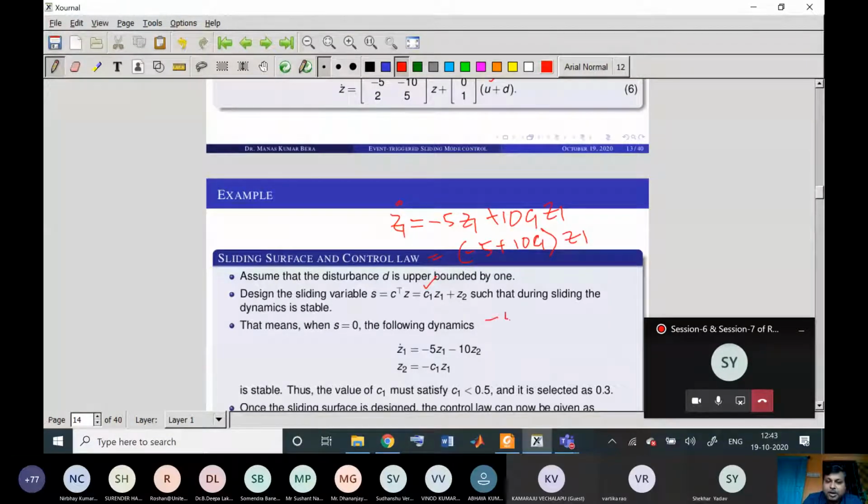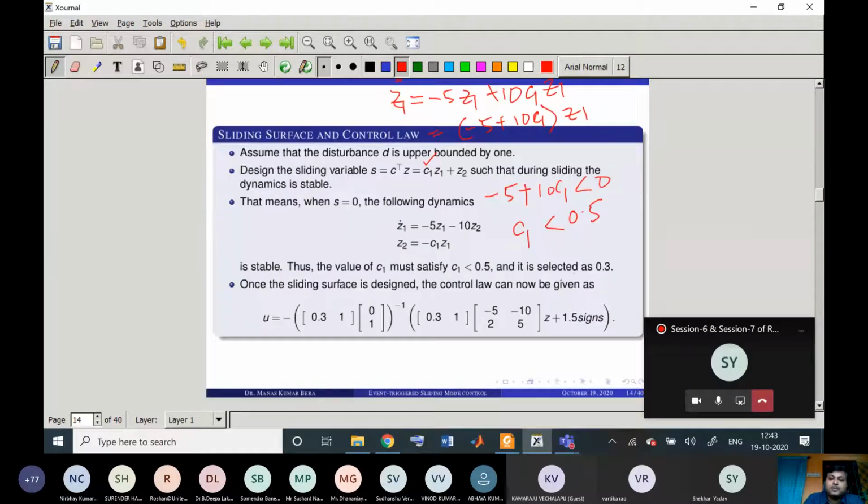It can happen only if minus 5 plus 10 C1 is less than 0. From there we can see that C1 must always be less than 0.5. So you have to choose C1 less than 0.5. For the simulation purpose I have selected 0.3.